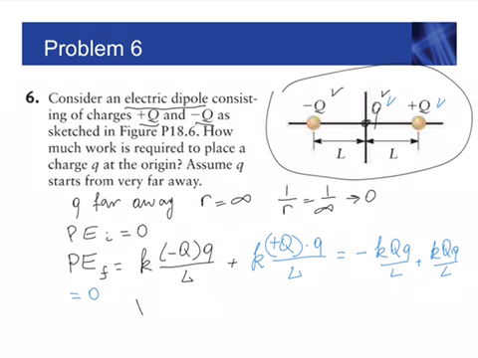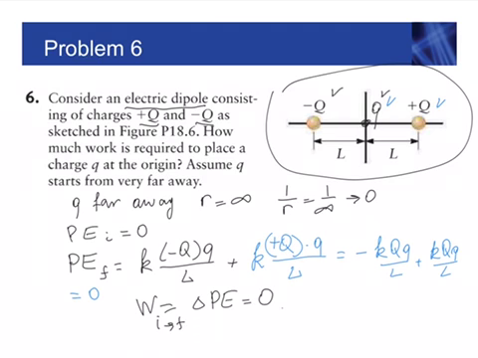What can we say about work? Work is equal to the change from initial to final in potential energy, and it's going to be equal to 0. There is no work being done in this situation. Why is it 0? Well, this simply means that when we're bringing a charge from far, far away, we have to balance forces from the negative charge and the positive charge.